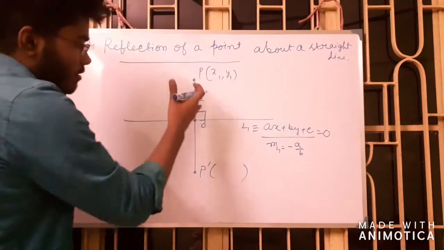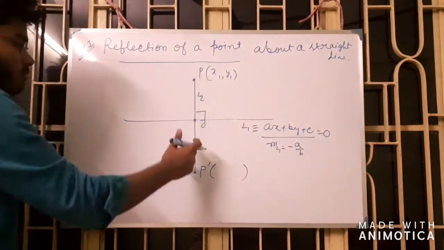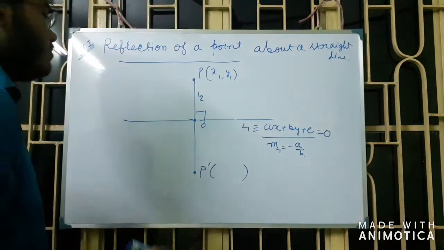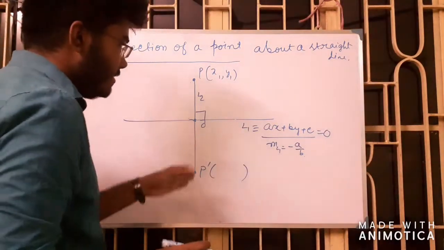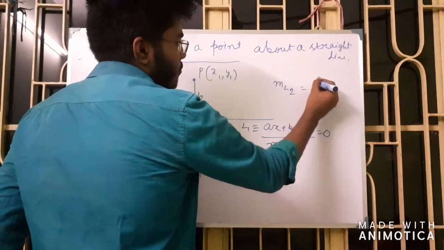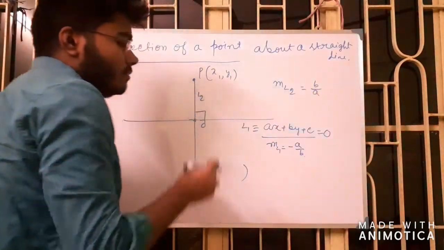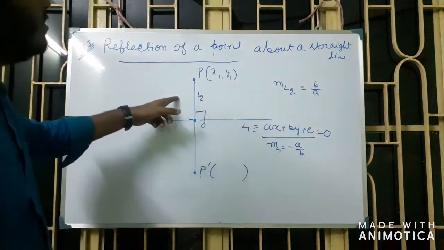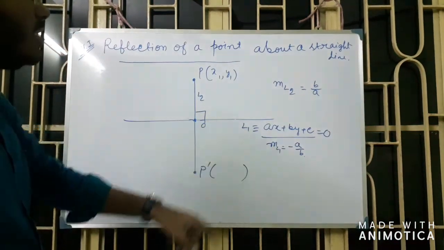And if this is L2, that means you can say that this POP' is a straight line. The slope of this line is m of L2 equal to b by a, as the straight lines are perpendicular to each other.